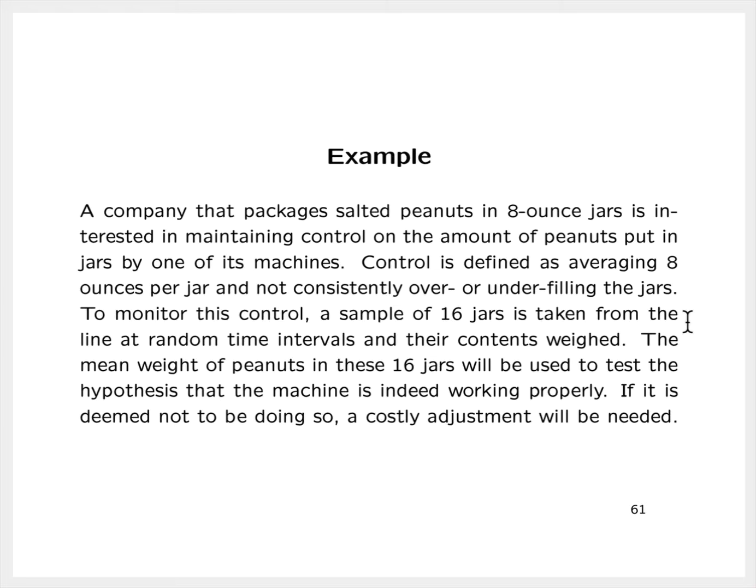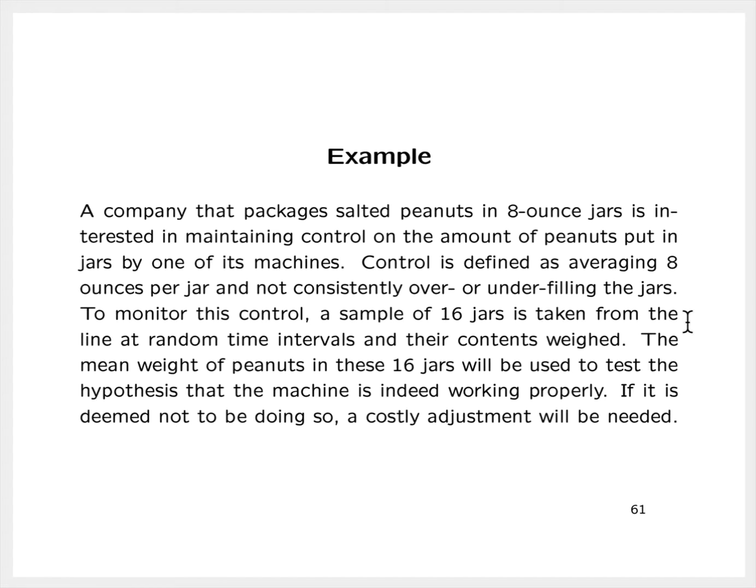So for example, get out of control, the mean weight of peanuts being different than 8 ounces. Maybe it's something that has to do with parts wearing out. Maybe it has something to do with the machine being bumped or moved, which could affect the calibration of the machine. And so at any particular time, we're not going to know what mu is.